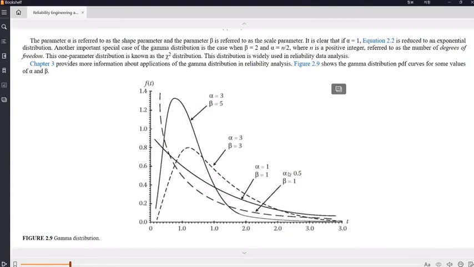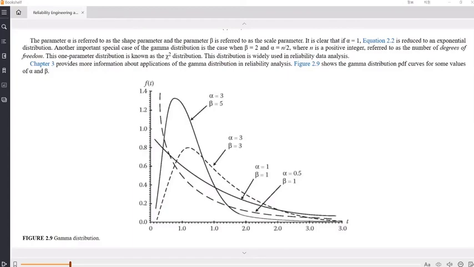And as alpha changes, when alpha equals 0.25, it still looks like an exponential distribution. When alpha becomes 3, bigger than 1, then the shape of the distribution is somewhat different. So that is why alpha is called the shape parameter, and beta actually changes the span of time. So beta is called the scale parameter.